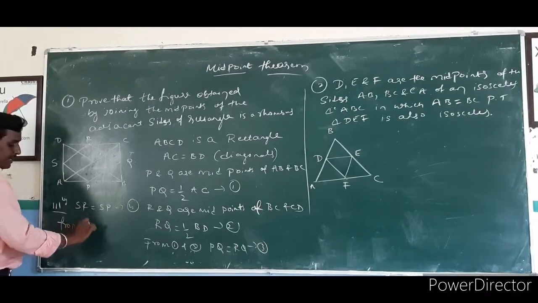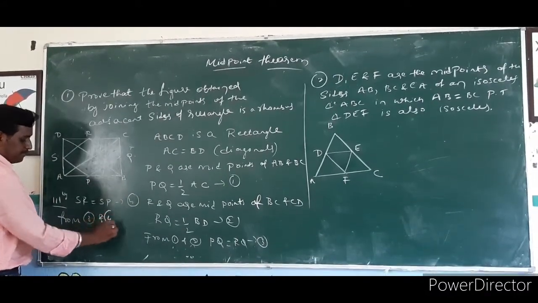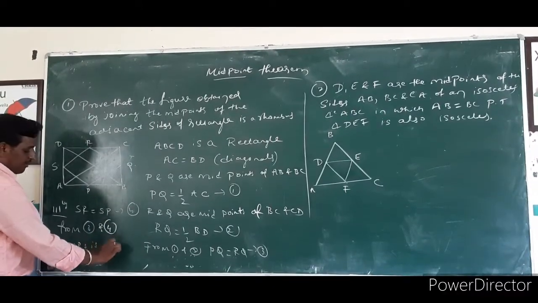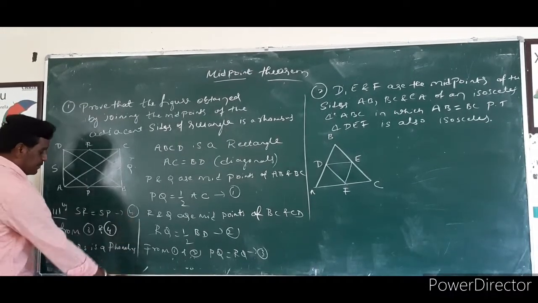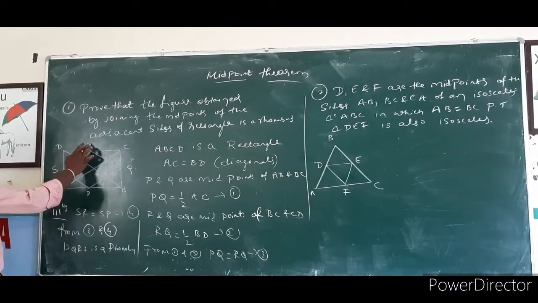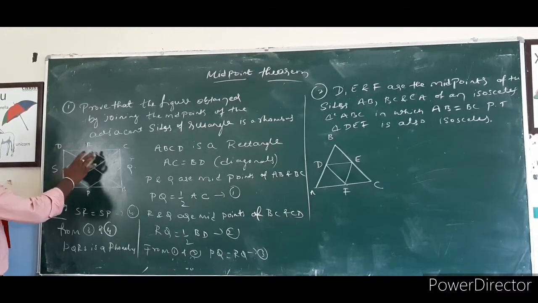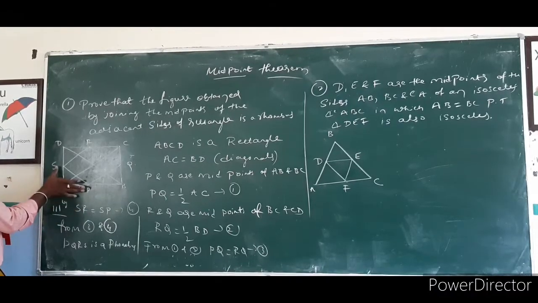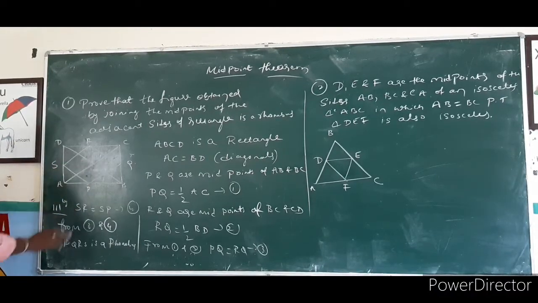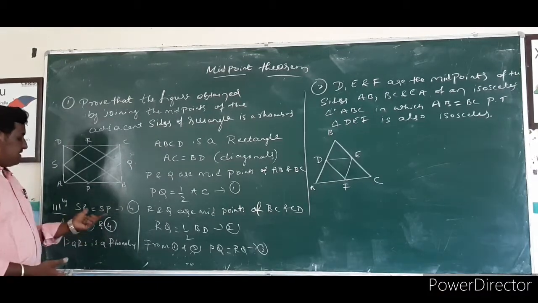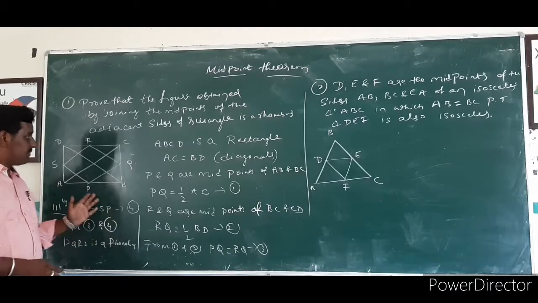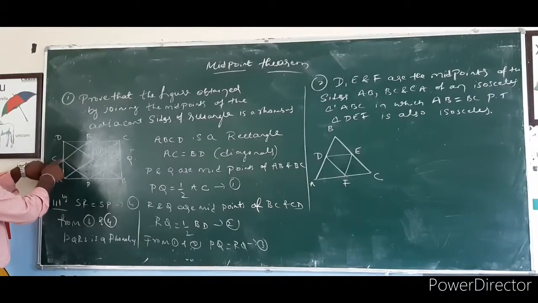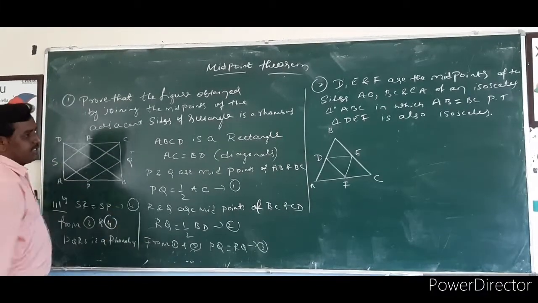From 3 and 4, PQRS is a rhombus. If you take S and R as midpoints, SR is equal to half of DC, and if you take P as the midpoint, SP is equal to half of BD. So you get SR is equal to SP. Similarly you can prove that joining the midpoints of the sides of a rectangle gives a rhombus.